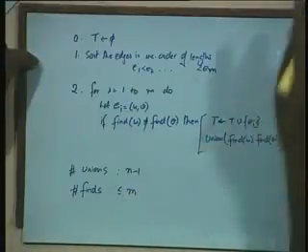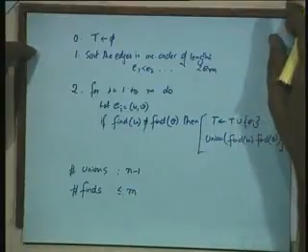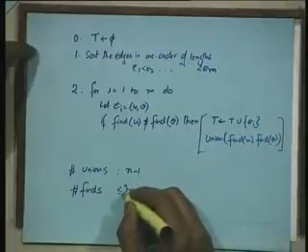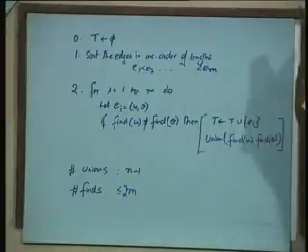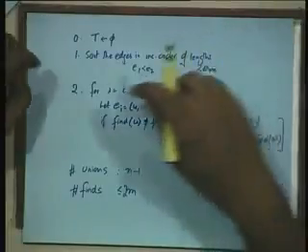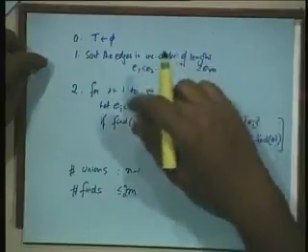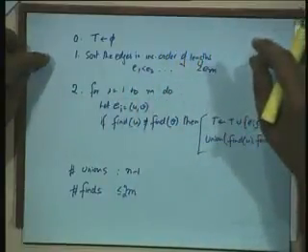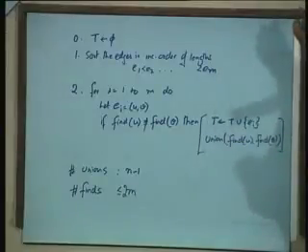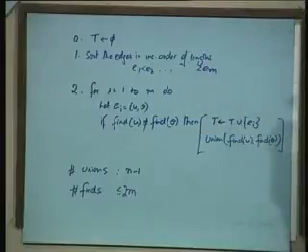So, number of finds is less than or equal to 2m. I have said for i equals 1 to m, but you can always break out of this for loop the moment you form a tree. So, you will keep it less than or equal to 2m.